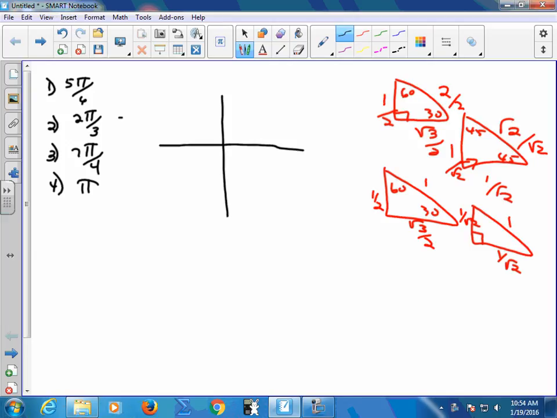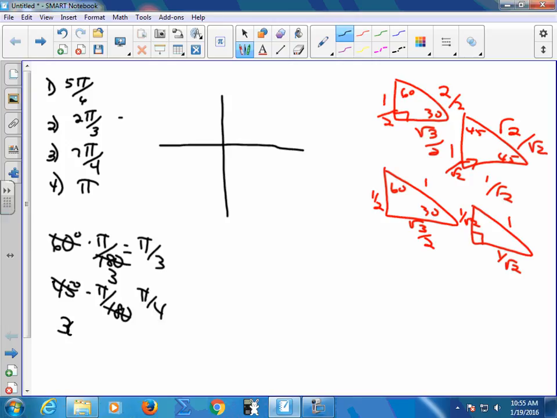So we also talked about how to find these in radians. If I took a 60-degree angle and wanted to convert it to radians, I would multiply by pi over 180. Essentially, I'm taking 60 into 180, 3 times. If I do a 45-degree angle, I'm taking 45 into 180, 4 times.